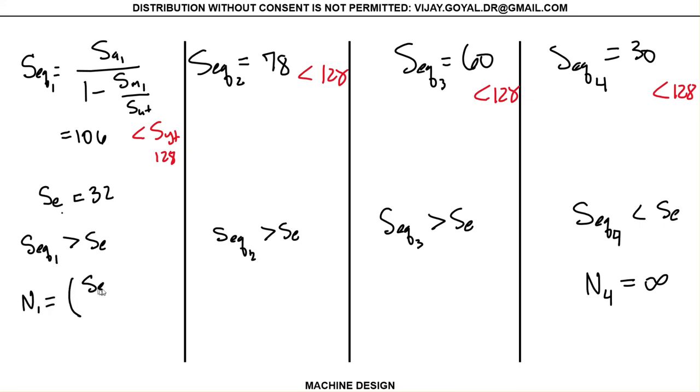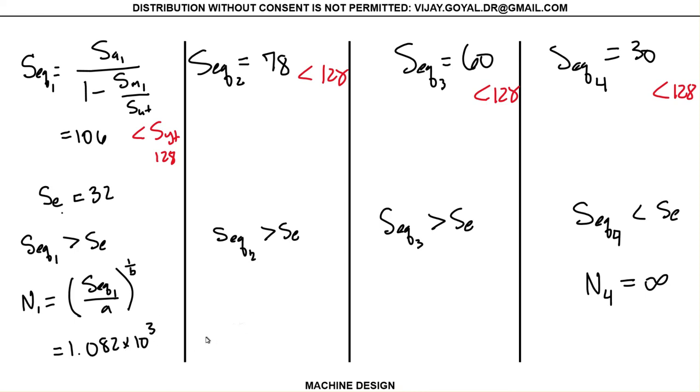So I use this equation, N equals S over A to the power of 1 over B. Okay, so you use this equation and you find that you get a value of 0.82 times 10 to the 3.